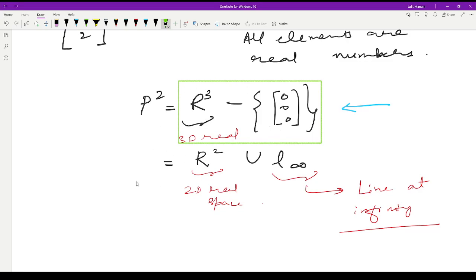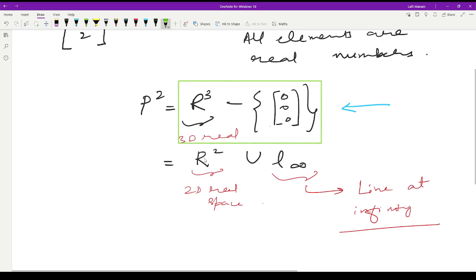If you don't know about projective spaces, what is R3? 3D real space. So it has dimensions 3. That means it will have 3 elements, right? And then you are trying to remove the origin from that R3 space. R3 is also a set. From that set, you are removing one element, which is the origin. That's what this specific equation says.